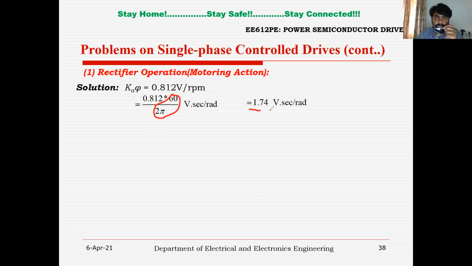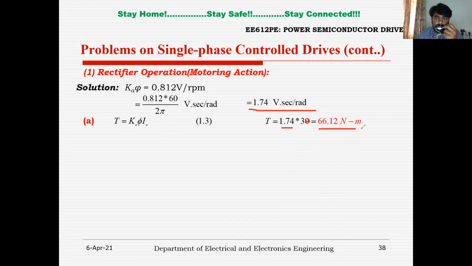Then we'll get KFI as 1.74 volt second per radian. Then we need to calculate the torque, right? He has given armature current as 38 amps. So you just substitute the armature current, 38 amps, multiplied by 1.74, which will give the torque, 66.12 Newton meter.